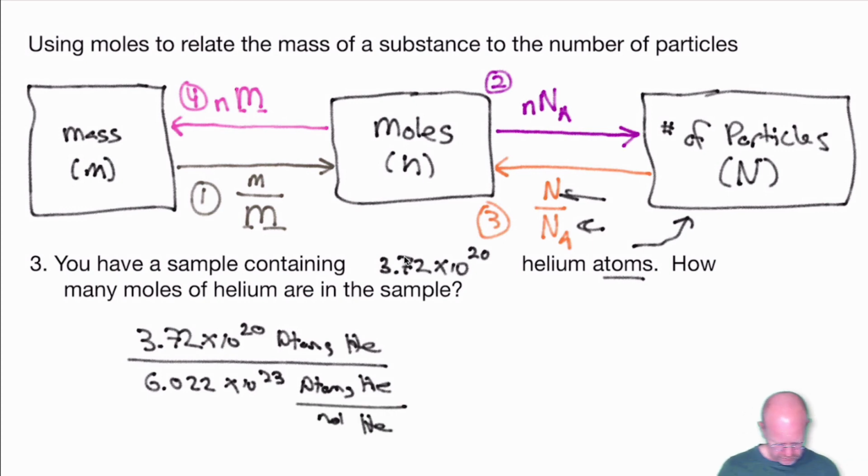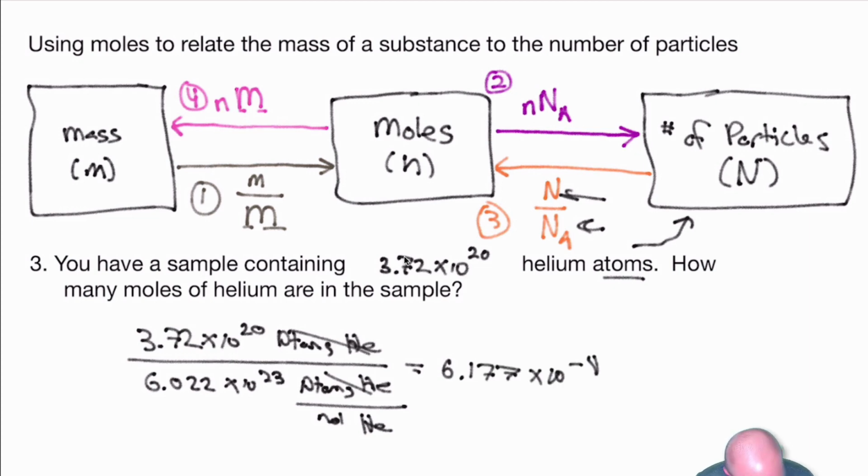And so what you'll notice here is the atoms helium is going to cancel, and we're going to be left with moles of helium in our unit, because it's a unit that is divided in the denominator, right? And so that will flip up and become the unit in the answer. So if we do this calculation, I find that we have 6.177 times 10 to the minus fourth moles of helium.